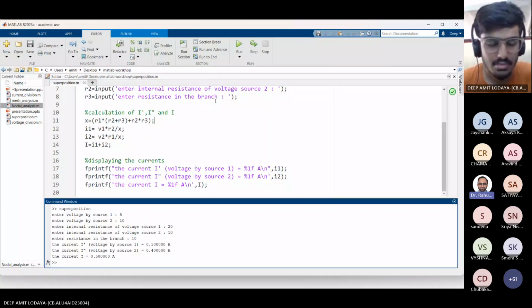This question is actually demanding two currents. That's why you can estimate the current by considering one of the sources at a time and add up at the end. That is the steps behind the superposition theorem. So try it from your side and get us the result through the chat box.